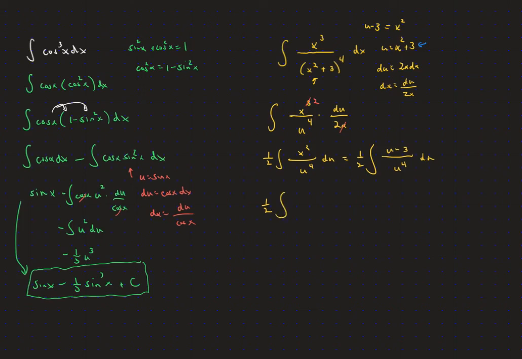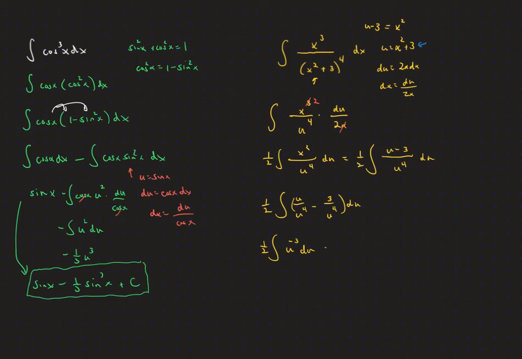Now, there's still another clever thing to do. We're going to split up our fraction and call that u over u to the fourth minus 3 over u to the fourth du. Then we can further simplify that and call that 1 over u to the third, which for integral purposes I'm going to think of as u to the negative 3.